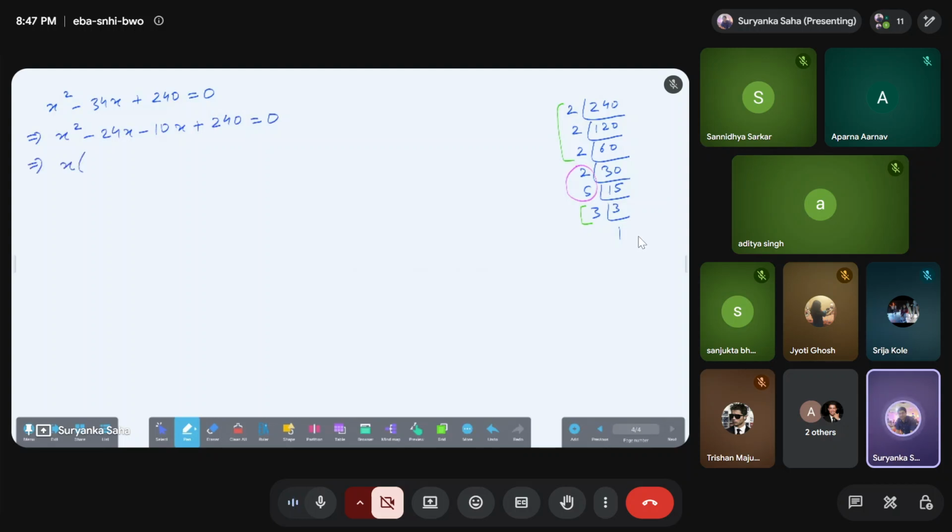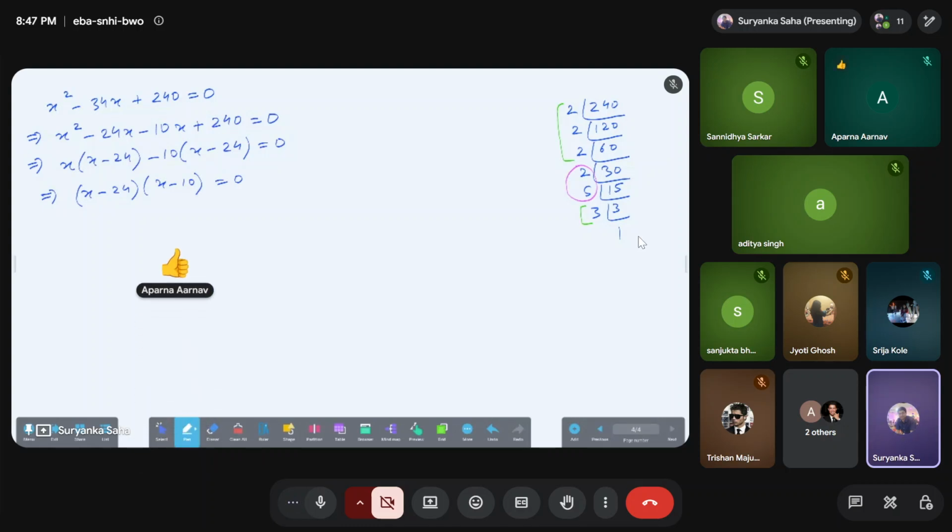So taking x common, x minus 24, minus 10 common, x minus 24. Second step will be x minus 24 into x minus 10. This much is clear. So you will get two values of x.